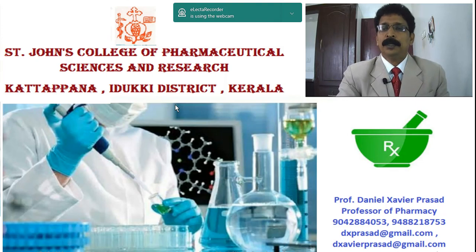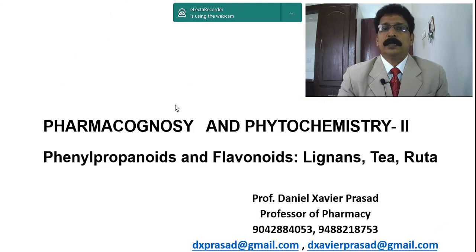Today we are going to start with the second unit after alkaloids, and in our phenylpropanoids and flavonoids, which includes lignans, tea and ruta.